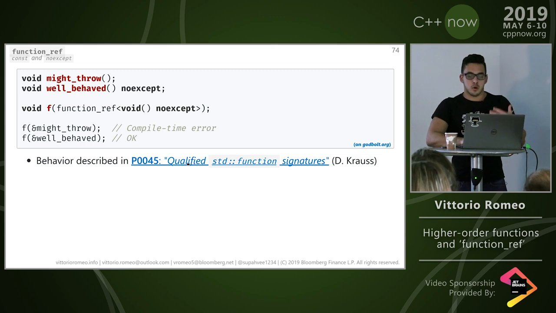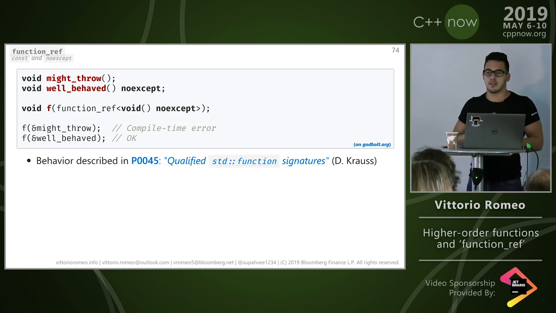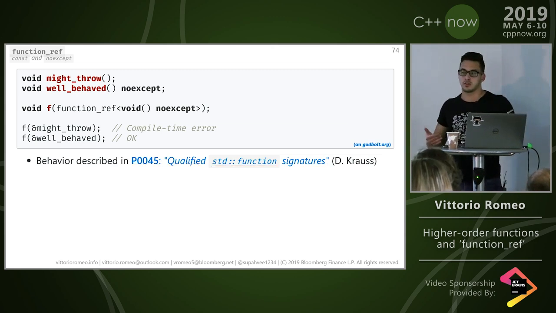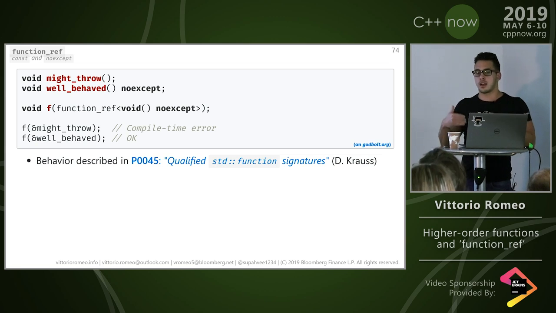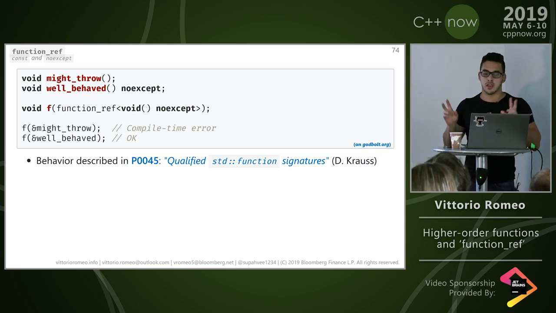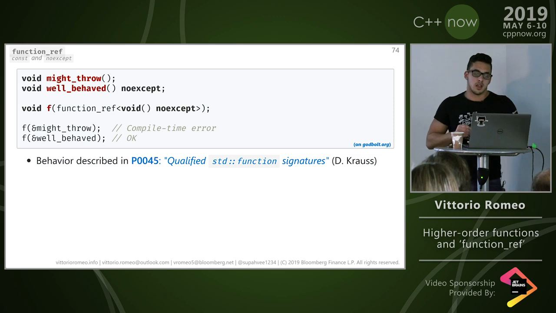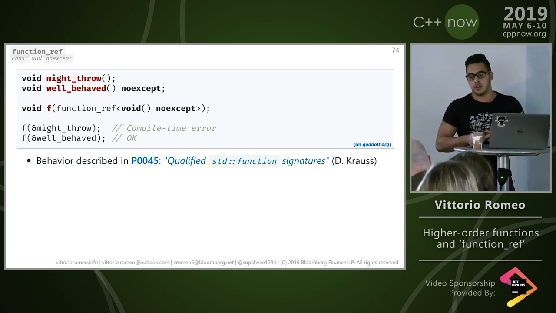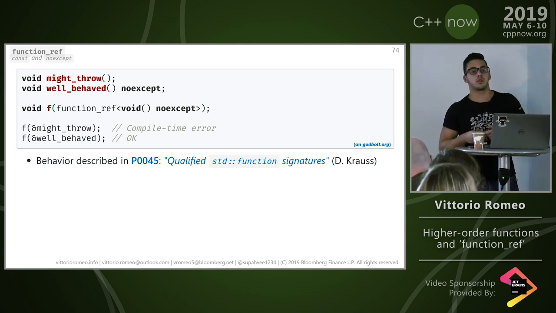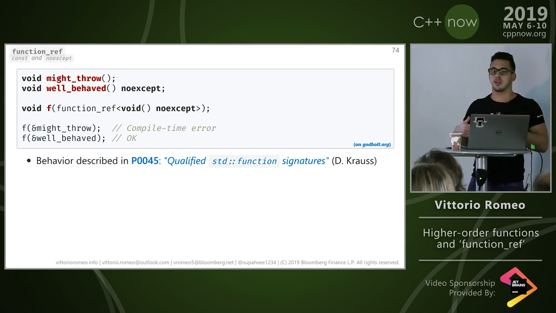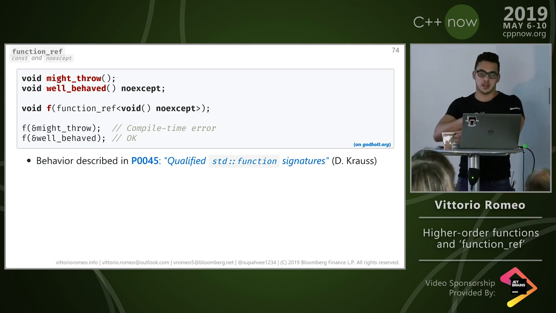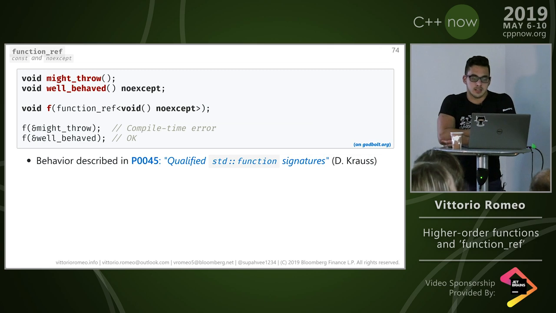And this was being proposed for std::function, but I think it didn't go through for backwards compatibility reasons. And this was the intention: let's allow people to constrain even more what these things could do. Conceptually, we could also do that with value categories. So we could constrain the closure to be callable only once or things like that with a double ampersand. That's a value category extension, but it's not proposed in the current function ref paper right now.